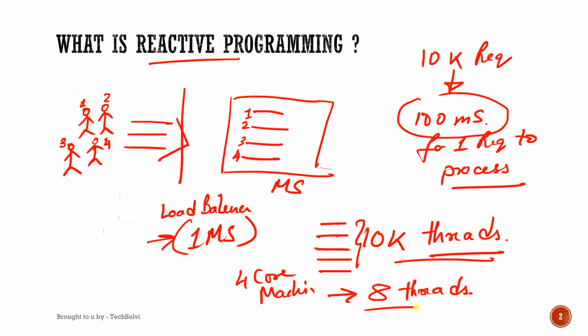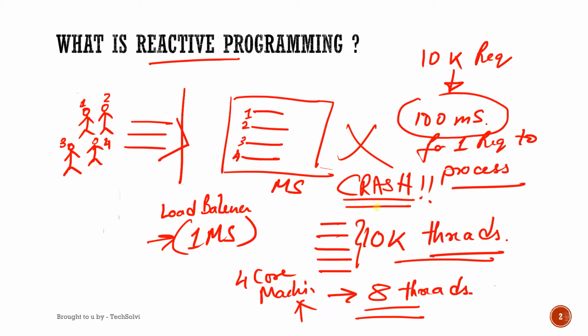Now you can understand how much load is coming to this particular machine. At a time, this machine can handle only 8 requests, but we have ended up creating 10k threads, so obviously this will crash. That's evident, we can't avoid it.